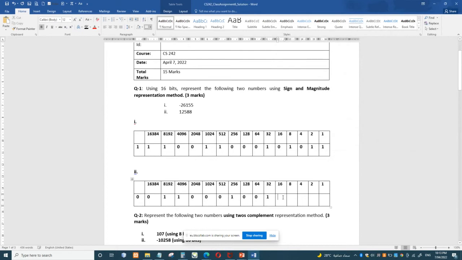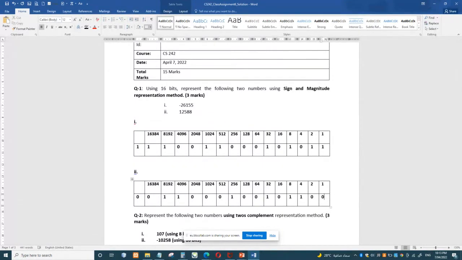So we can make 12 easily: take 8 and 4. Exactly 8 and 4. So both are 1 and the remaining will be 0.